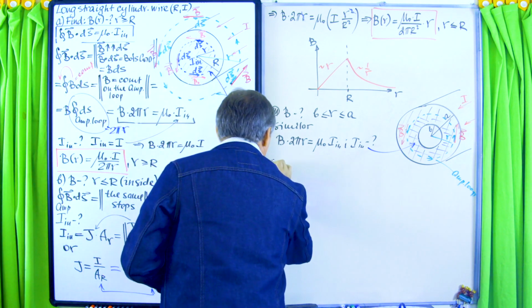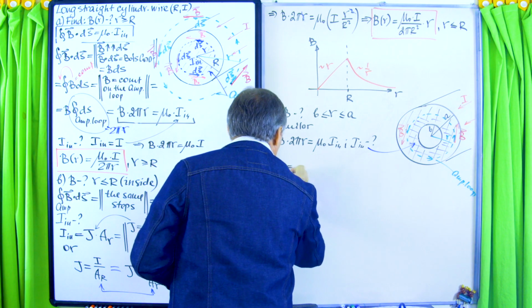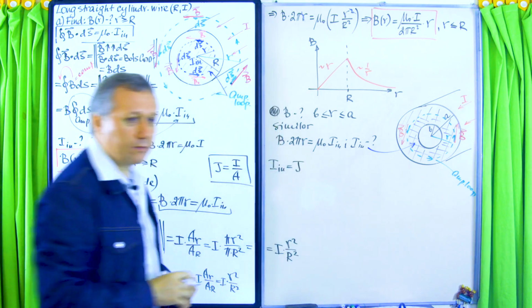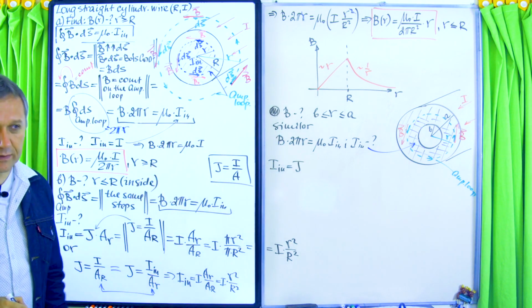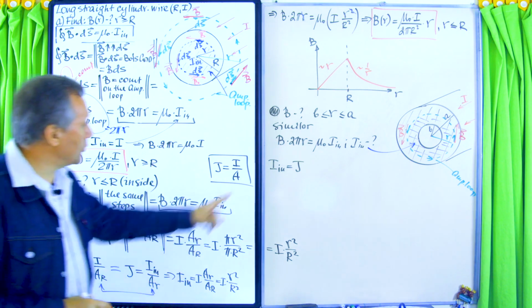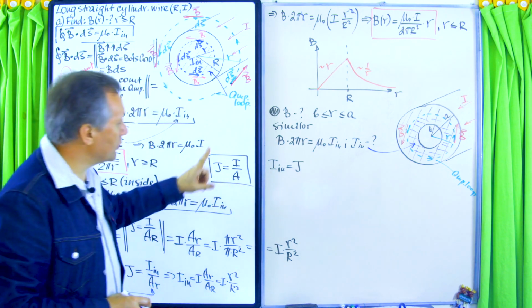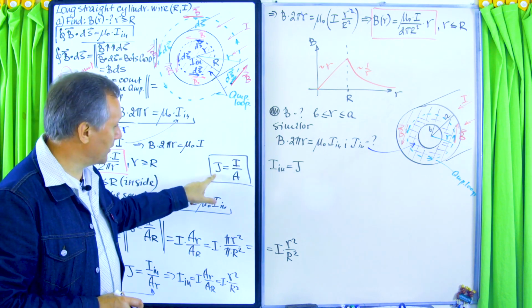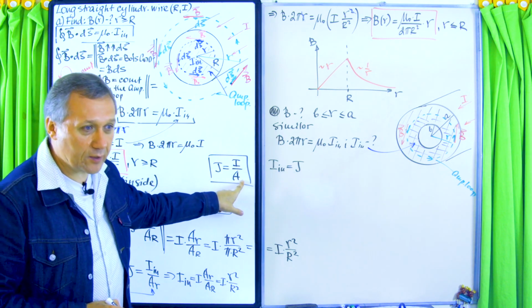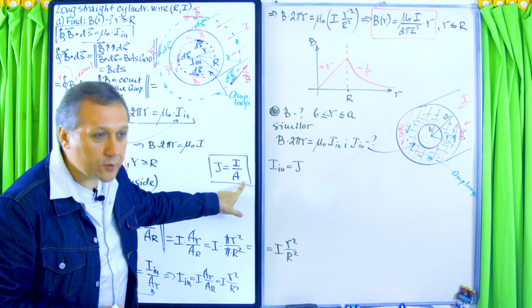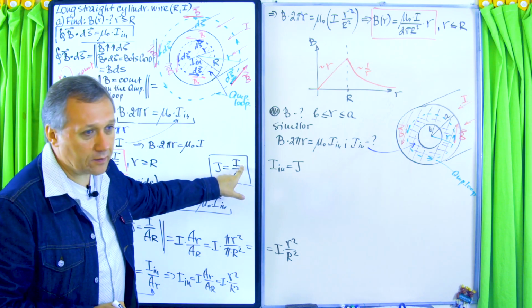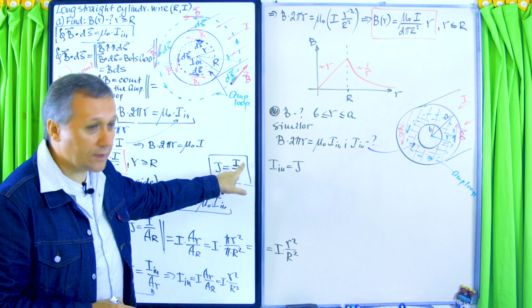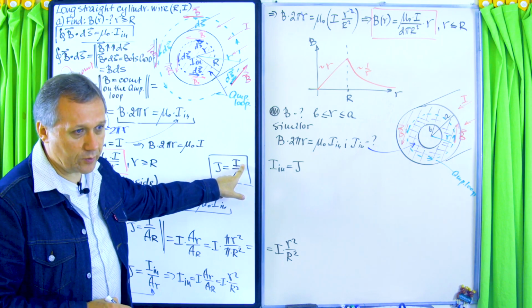So let me use, for example, this first. I can write I enclosed equals, again, current density, which for now is not given, but I will find it in a second. So what do we have to do with current density in order to find I enclosed? We need to take the current density and multiply it by the cross-sectional area through which this current flows, or over which that current is uniformly distributed.